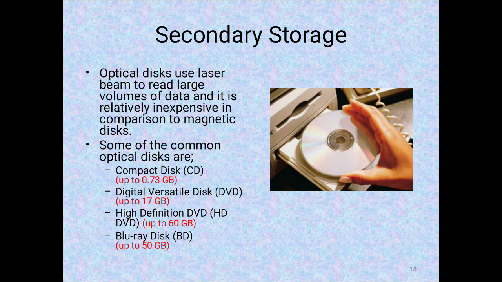Yes, you have seen that 1 GB, 4 GB are commonly available, but up to 17 GB is also available. High definition DVD, HD DVD, can store up to 60 GB of data, and Blu-ray disc stores data up to 50 GB or 120 GB.